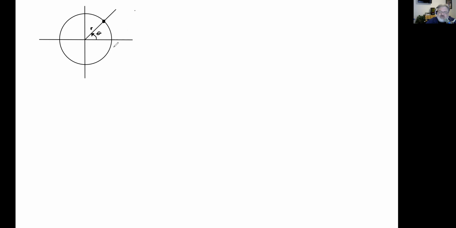We'll often treat it as radius 1 for convenience when possible. But we define it on the radius of that circle and the XY coordinates of where the terminal side, the ending side of that angle, intersects the circle.